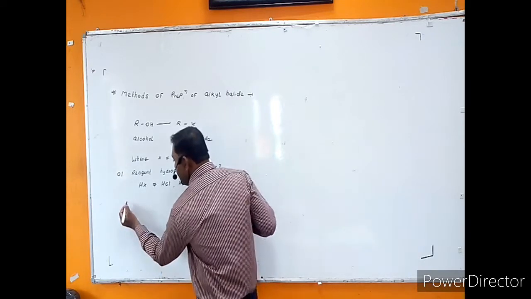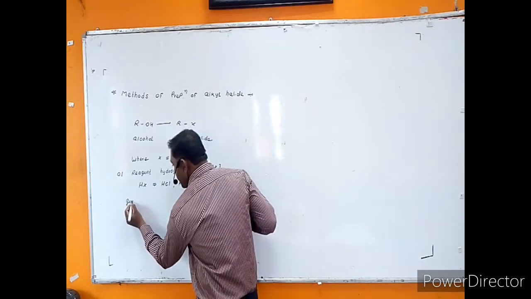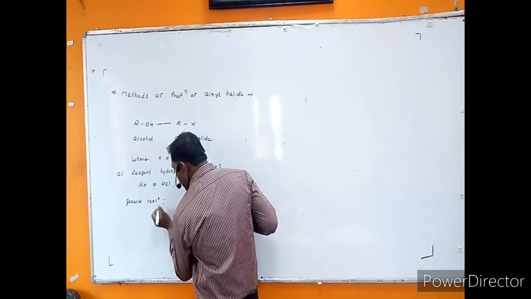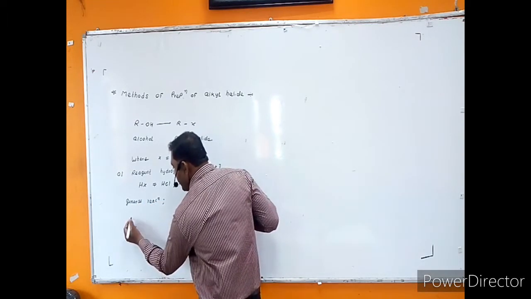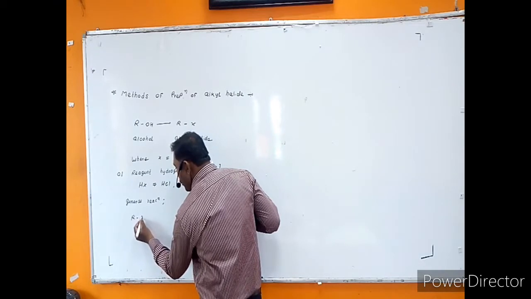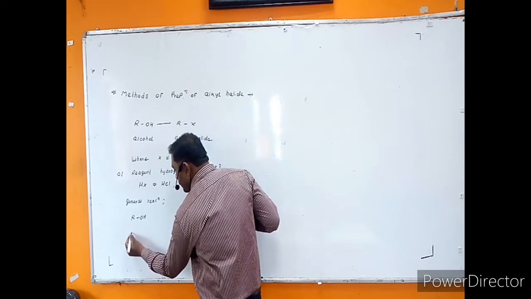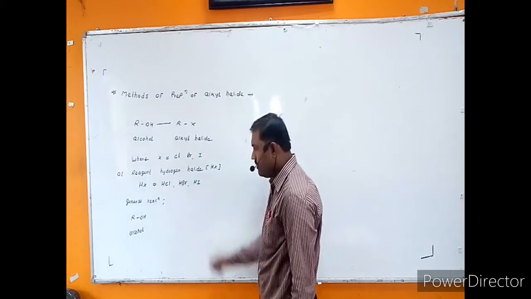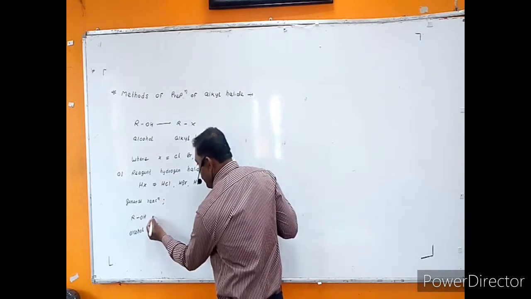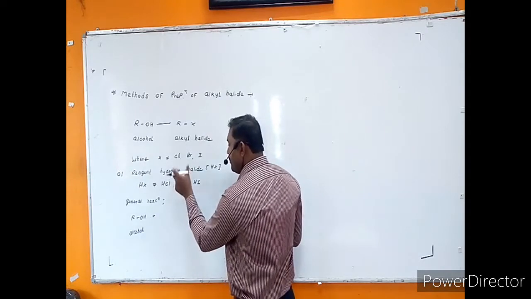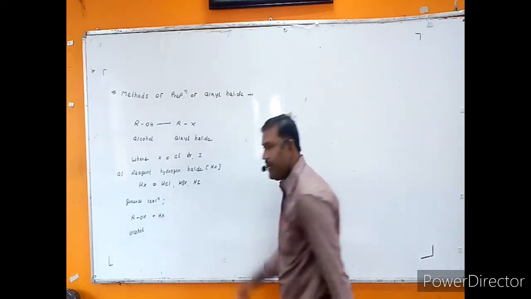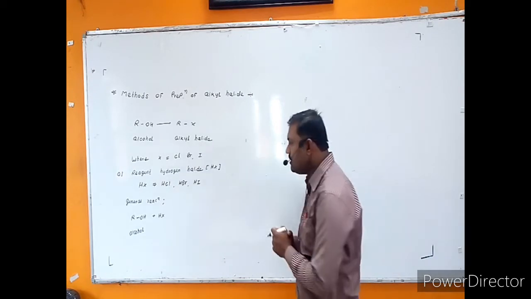So how is that general reaction represented? General reaction of this conversion is like this: ROH. This is your alcohol, right? Now we have to react alcohol with hydrogen halide, generally represented as HX.